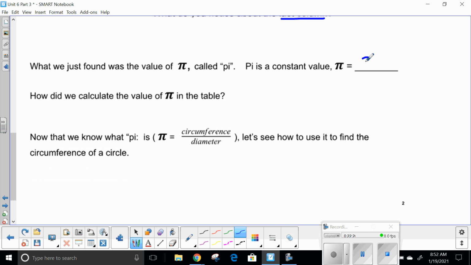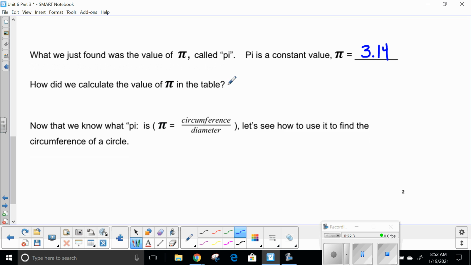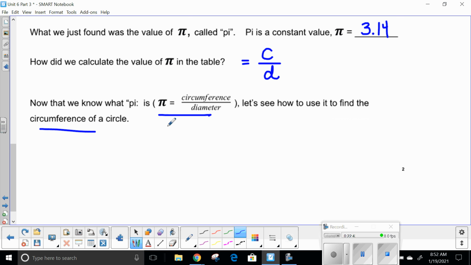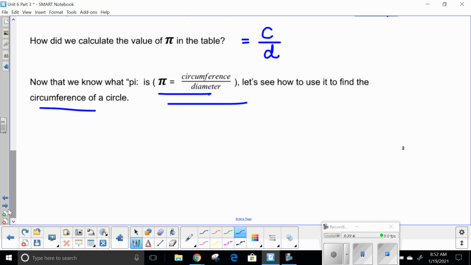It always equals what? 3 what? 3.14. Okay. How did we calculate the value of pi? We took what? Circumference divided by diameter. Very good. Okay, so now let's look to see how we're going to use this critical piece of information.